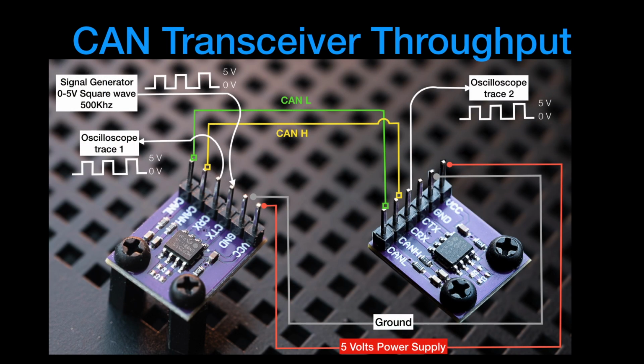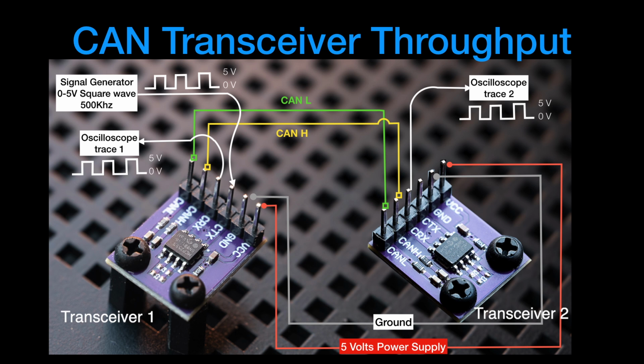This will be our first test, a CAN transceiver throughput test, to see if what I told you is actually true. I'm going to connect a signal generator generating a 5 volt square wave at 500 kilohertz to transceiver number 1, to the pin called CTX. This is the input signal towards the transceiver, normally coming from your CAN controller.